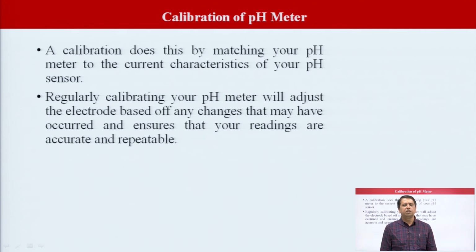And another thing, it should perform in the same way, or give the same results, when we are measuring the pH of the solution repeatedly many times. So, these both things are very essential, and through proper calibration we are ensuring the accuracy as well as repeatability of the readings that it is giving on its monitor.